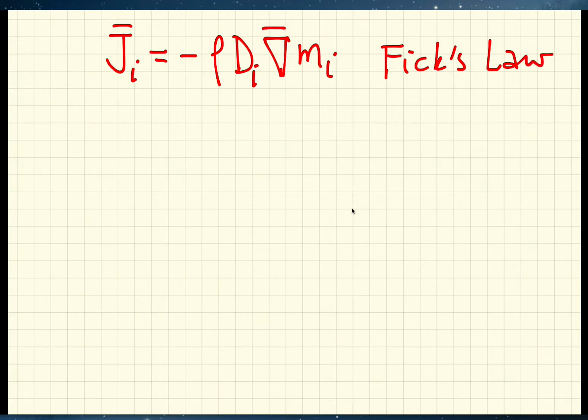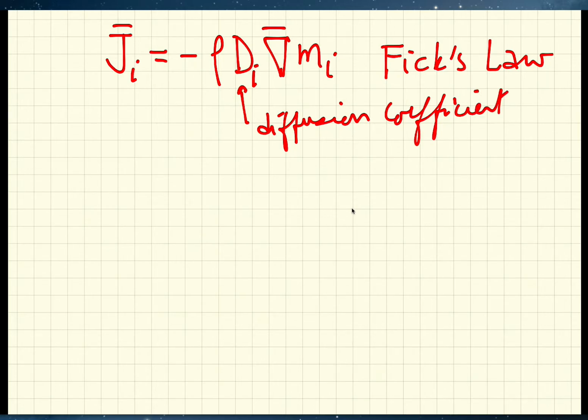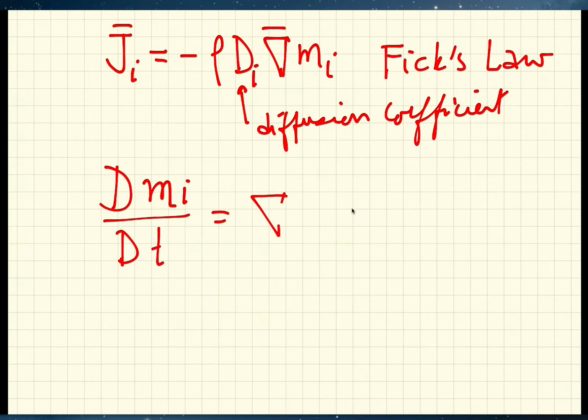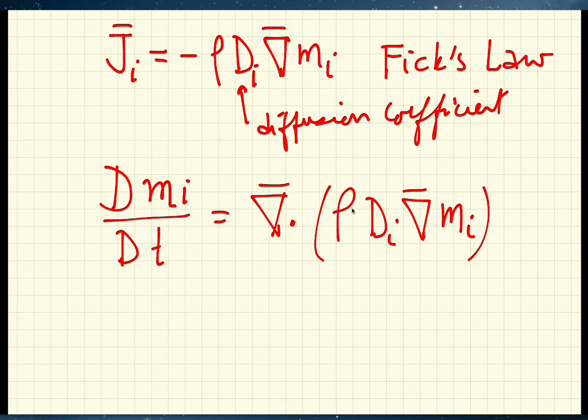And D sub I is the diffusion coefficient in the mix of species I. And therefore, the conservation equation for species I will be capital D m sub I by dt equal to the divergence of rho D sub I grad m sub I plus r sub I dot triple prime.